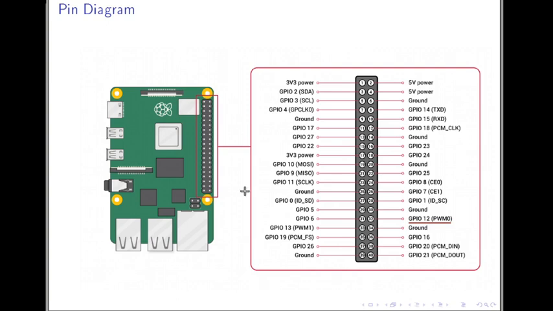Then we have SDA and SCL for I2C communication, and MOSI and MISO for SPI communication, which is communication for chips. We also have receiver and transmitter for RS232 communication.